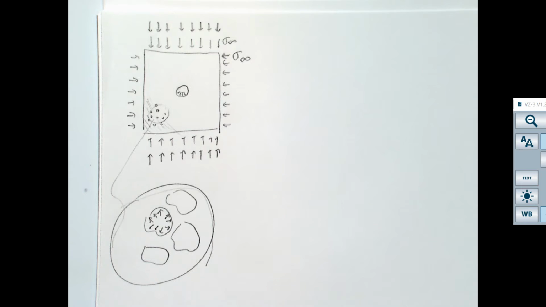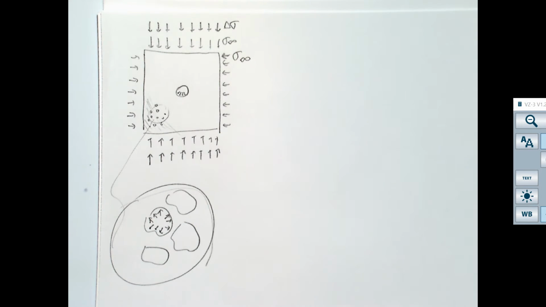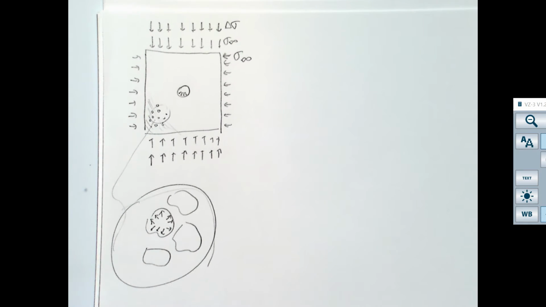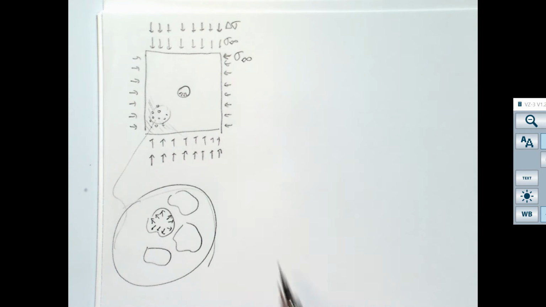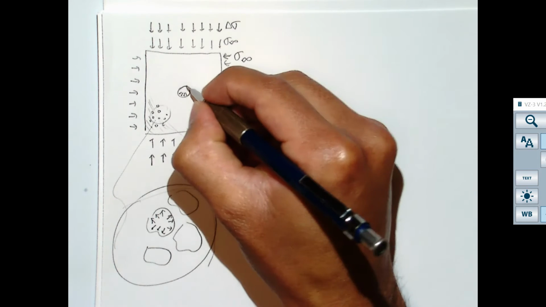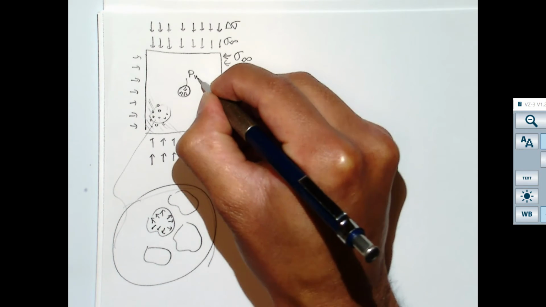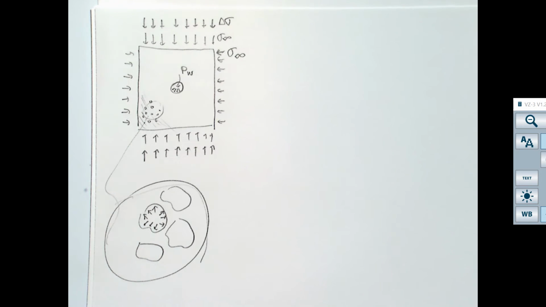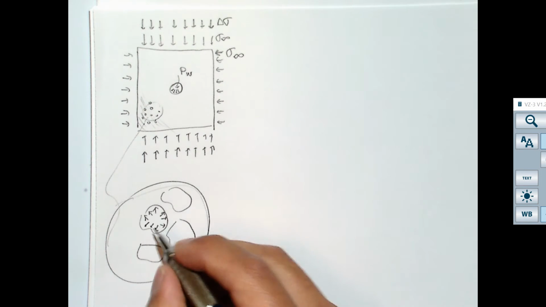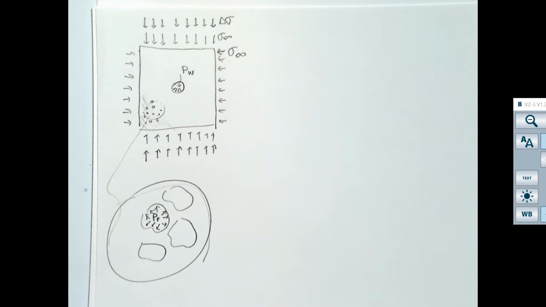Because we have an anisotropic state of stress, we're going to add some stress, which we call delta sigma, meaning that there is an additional stress in this direction, up and down, than in this direction. And inside the wellbore, we're going to have a pressure, which we're going to call PW, W from wellbore. And inside the rock, as we know, we have fluids, and we're going to have a pore pressure.